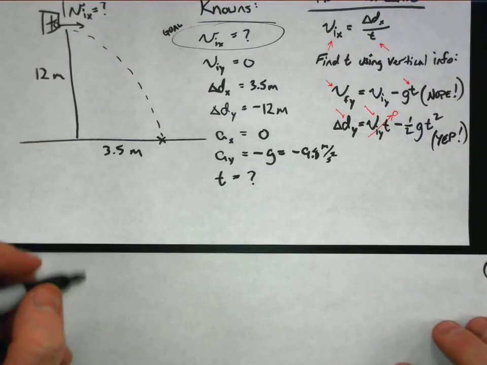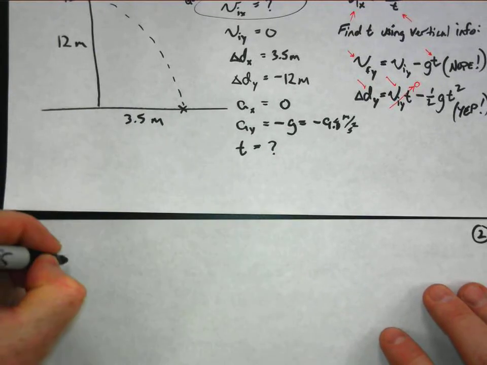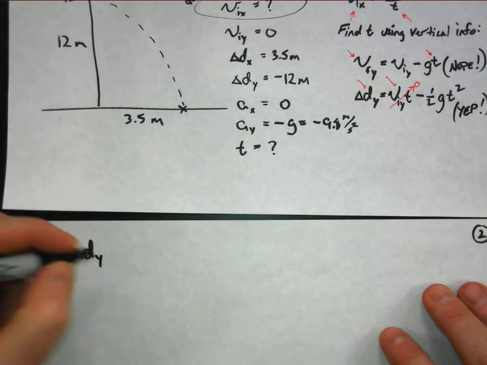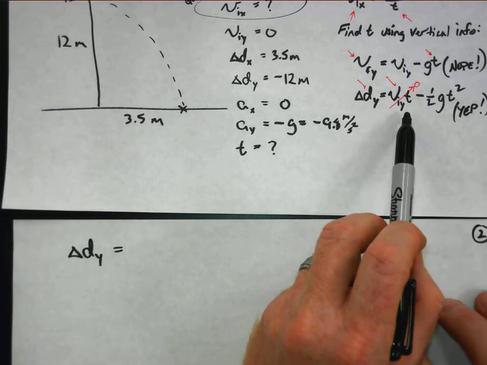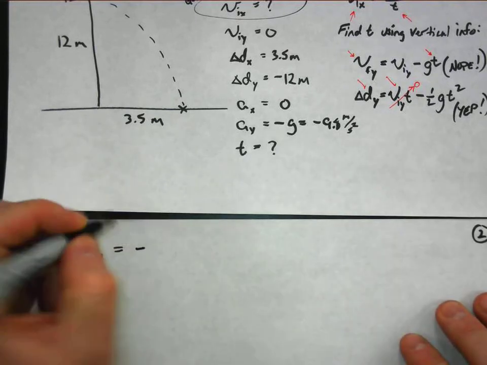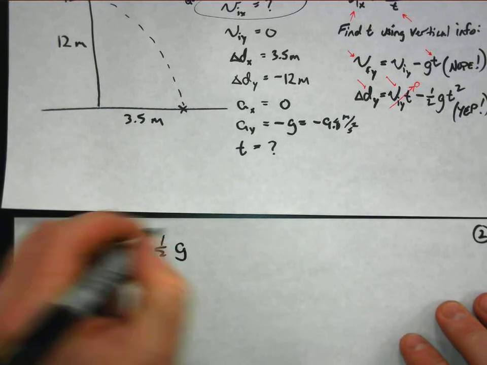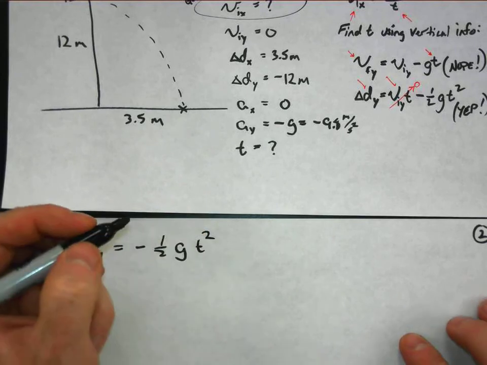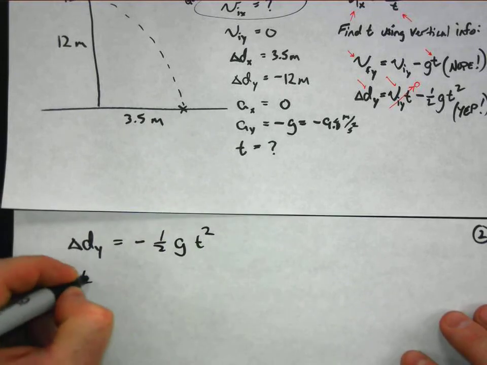I'm going to rewrite my equation a little cleaner. In the y direction. Remember, this term is now 0, so I'm not going to bother rewriting it. And it's equal to the rest of this, negative 1/2 g t squared. And t is the thing I'm looking for, so I'm going to isolate t.